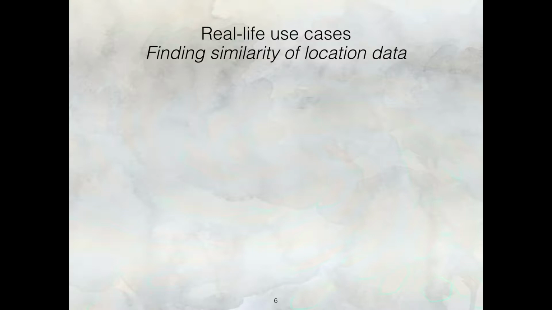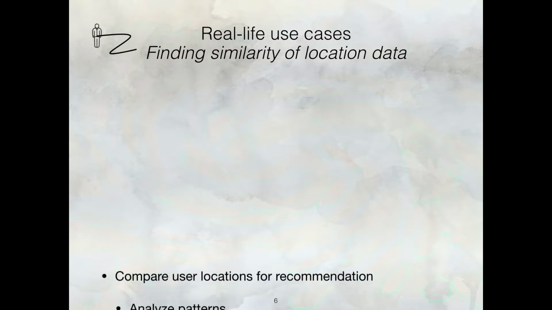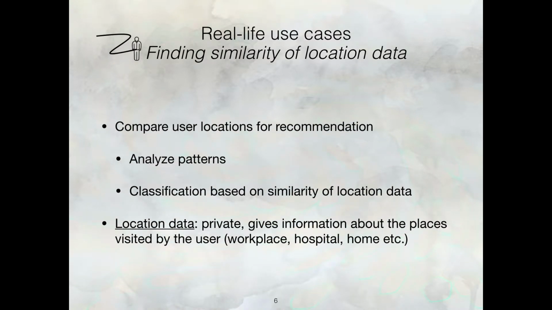Another use case can be where there's location data. Location data is, of course, again considered private data, because by looking at the location pattern, you can figure out whether a person visited a hospital, where he or she lives, where they work, and all those types of information can lead to much more serious implications in the end. So why would some service providers like to compare location data?